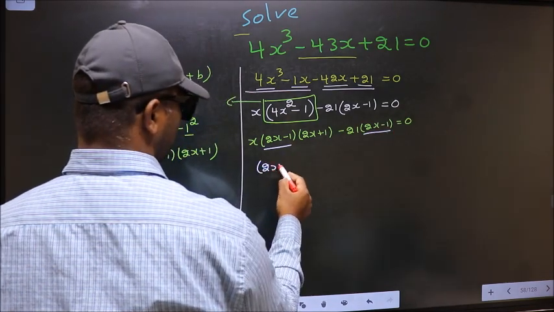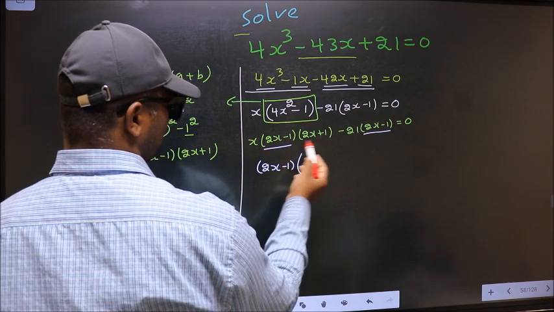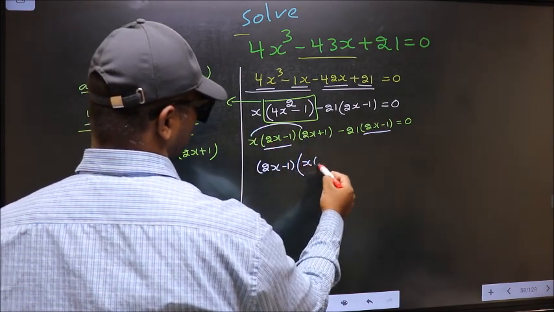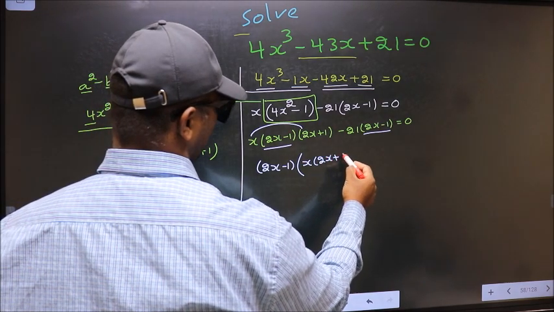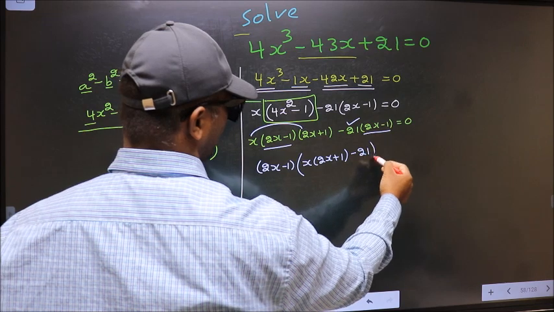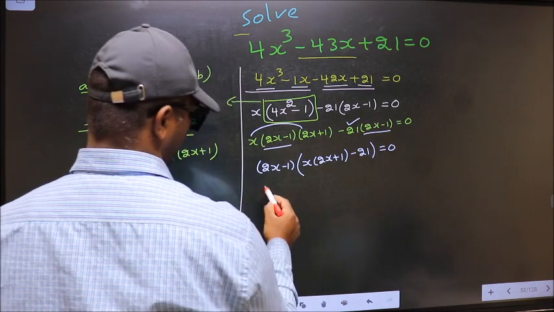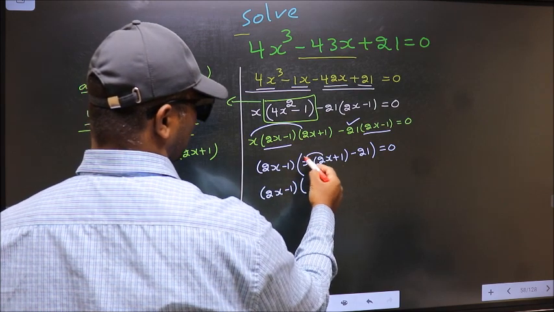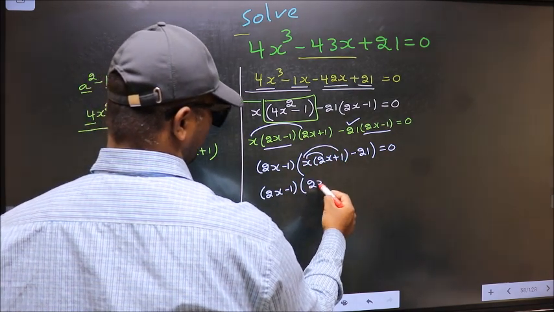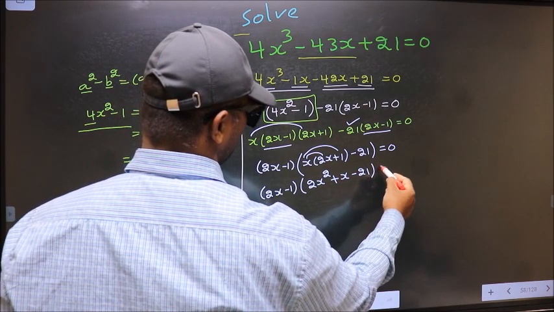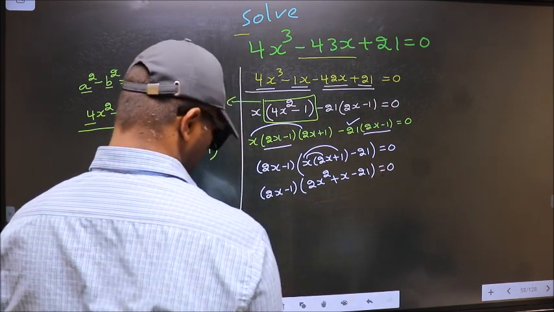So 2x minus 1 outside. Over here we are left with these two, that is x times 2x plus 1, and over here we are left with minus 21 equal to 0. Now we open up the brackets. You get 2x square plus x minus 21 equal to 0.